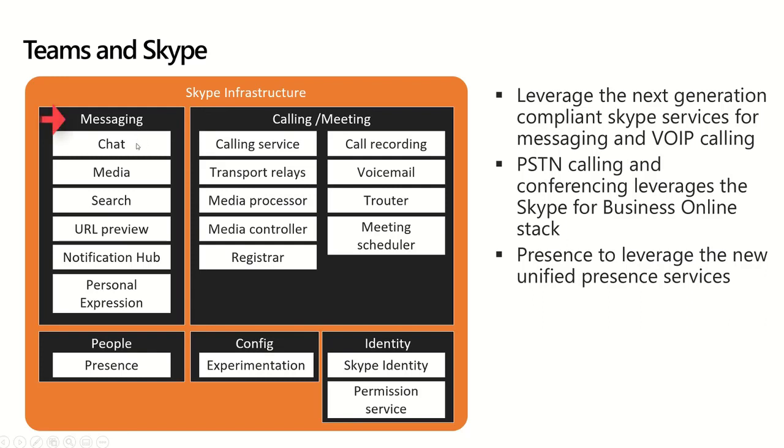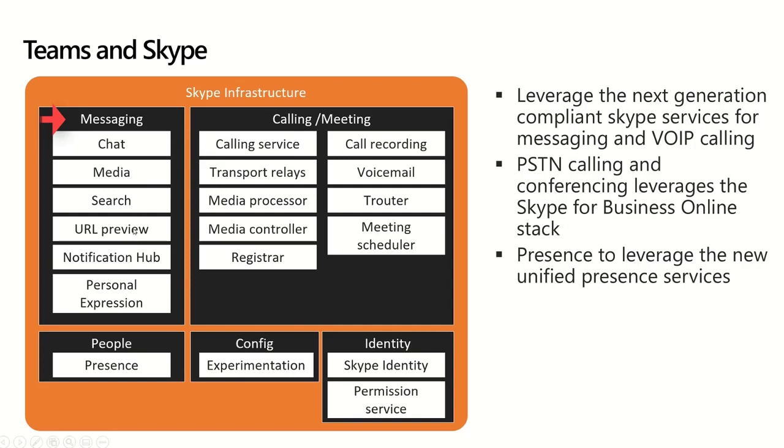The messaging stack is actually the heart of all the chat functionality in Teams. This is the one-to-one chat, which is also used for channel chat. Our media stack is used for seeing embedded images and video inside Teams. The search functionality is here.